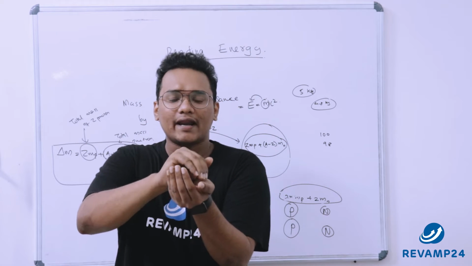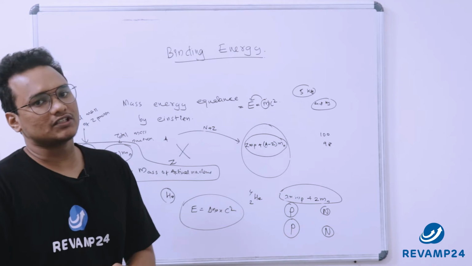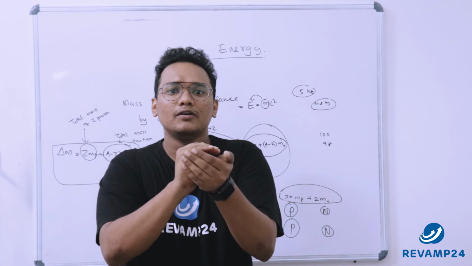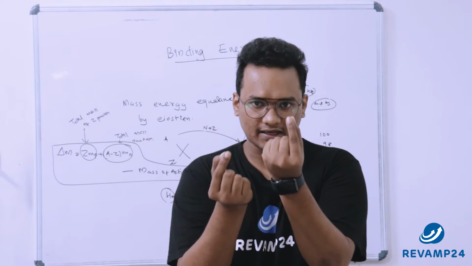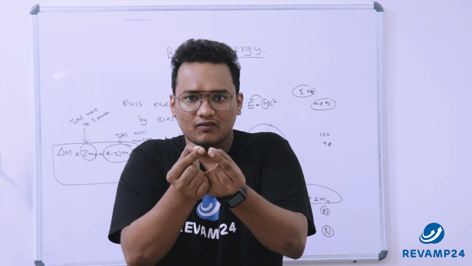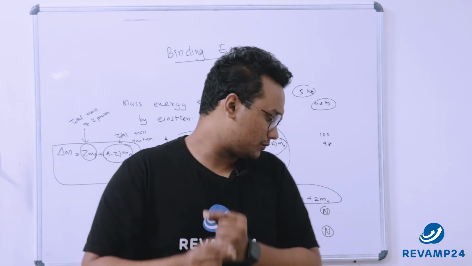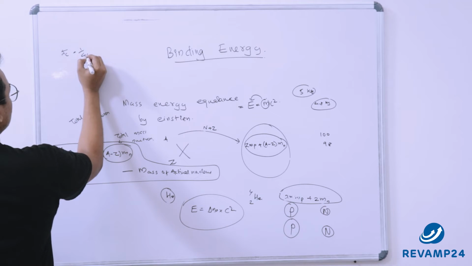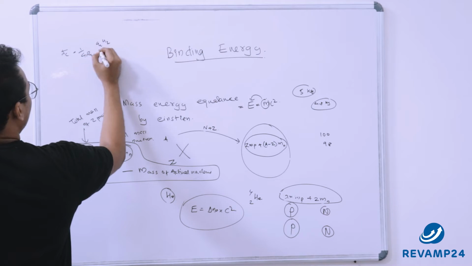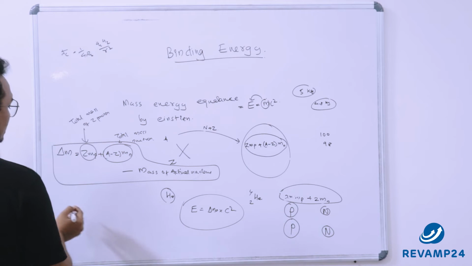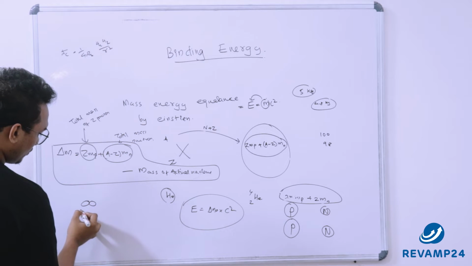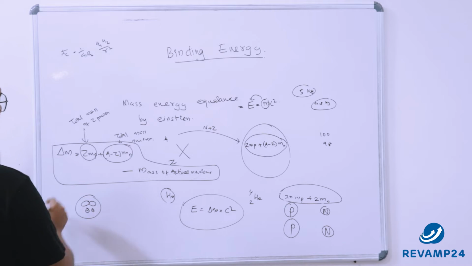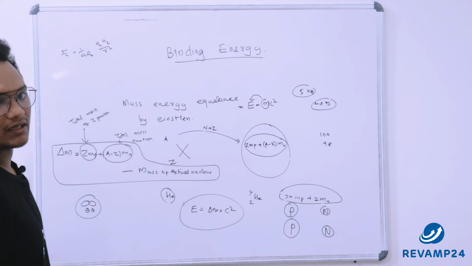Now what has happened to this energy, delta m into c squared? It is used to bind the nucleons. There are 2 protons, one proton and another proton, and they will have a strong repulsive force, because Coulomb's law gives 1 by 4 pi epsilon 0 into q1 q2 divided by r squared. When 2 protons are kept together in the nucleus, 2 protons and 2 neutrons in the helium nucleus, the distance is very small, so this force becomes very large.